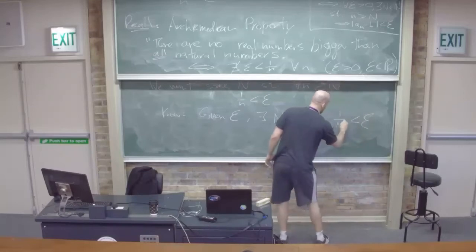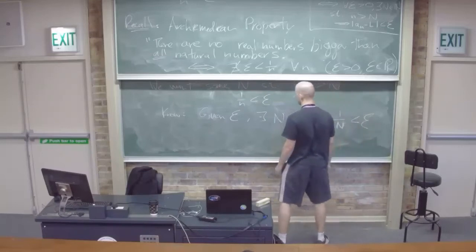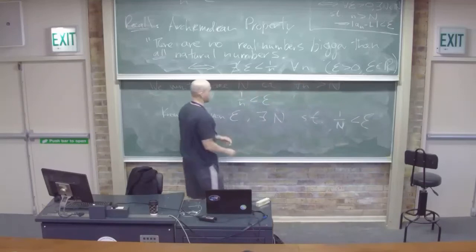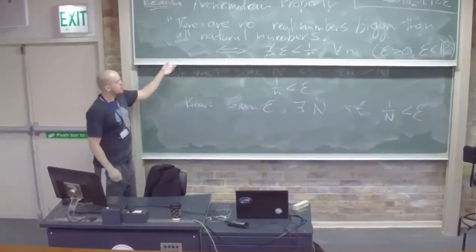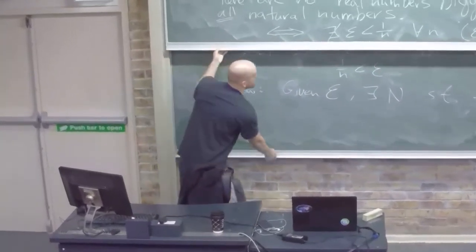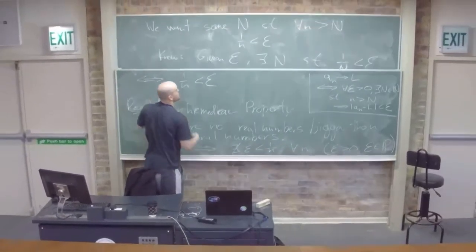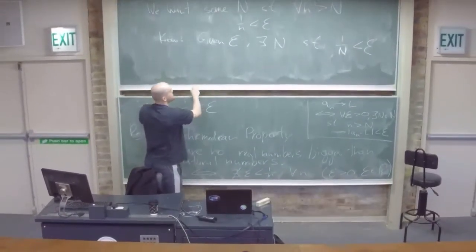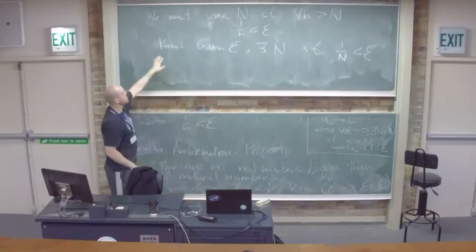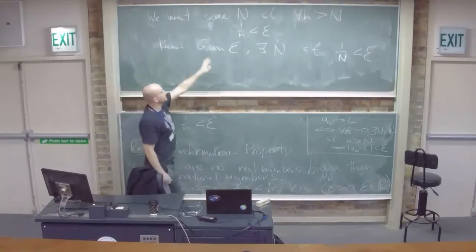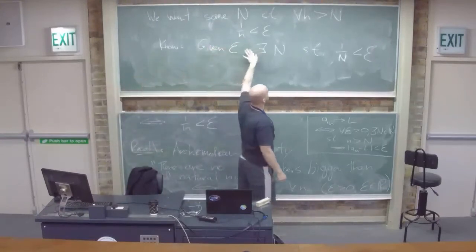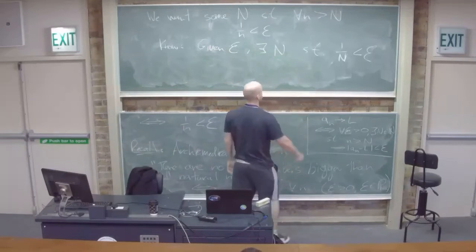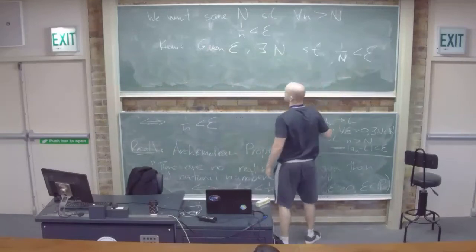Okay, and just to be clear, this really is a capital N over here. It gets a little bit funny when I'm saying it in words, with little n's and big N's. Maybe I can put this up for you. So those are the two things we have. We wanted to find a capital N such that this is true, and we know from the Archimedean property there is this capital N that satisfies this, given that epsilon.